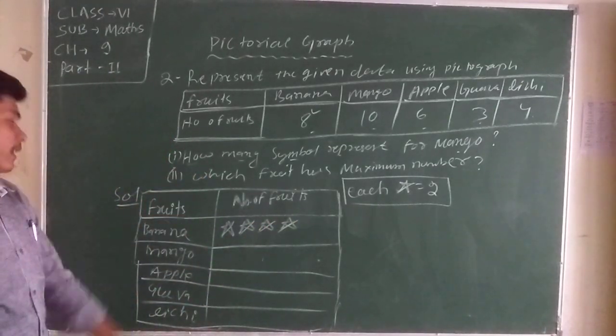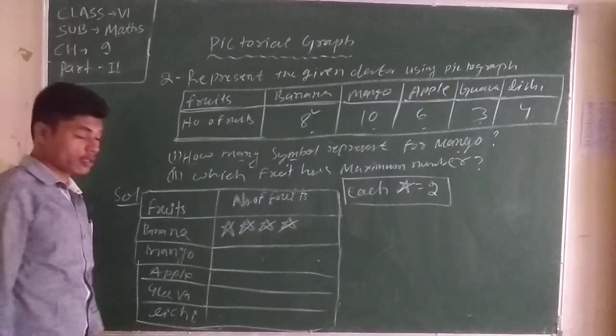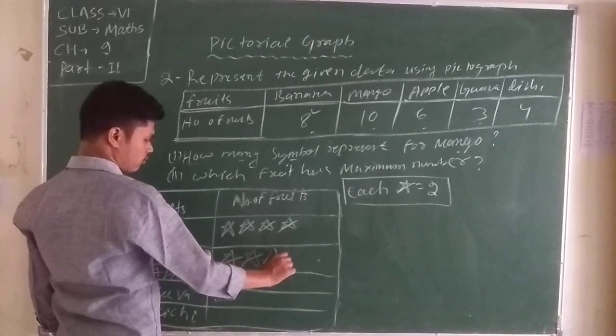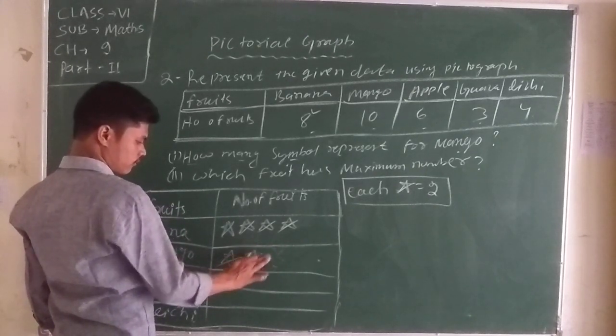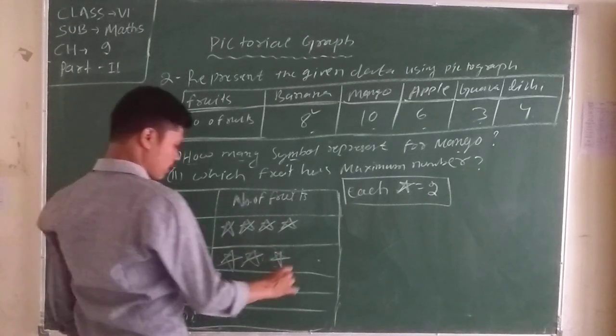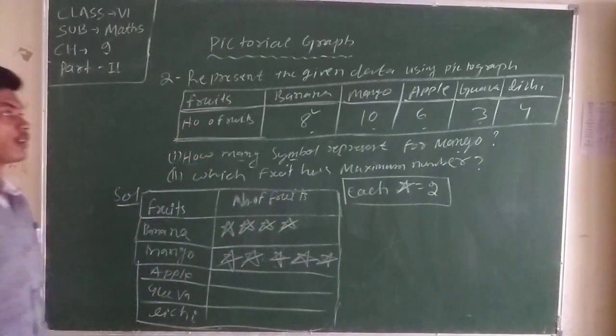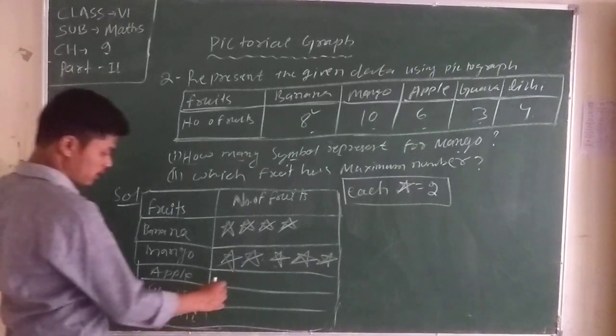Now mango: how many mangoes are there? 10 mangoes, then how many stars do we draw? 5: 1, 2, 3, 4, 5. Now apple is 6, then how many? 3.